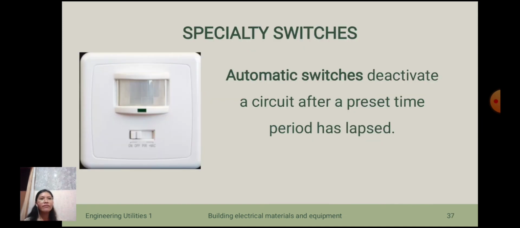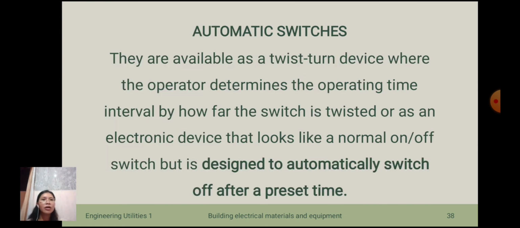And then we have the specialty switches. We have here an automatic switches. They activate a circuit after a preset time period has lapsed. So, they are available as a twist-turn device where the operator determines the operating time interval by how far the switch is twisted, or as an electronic device that looks like a normal on or off switch but is designed to automatically switch off after a preset time.